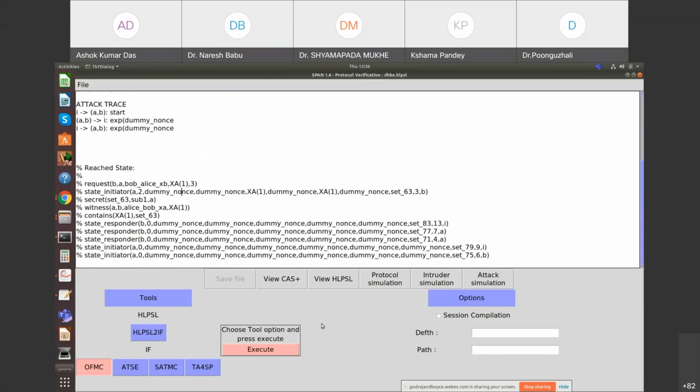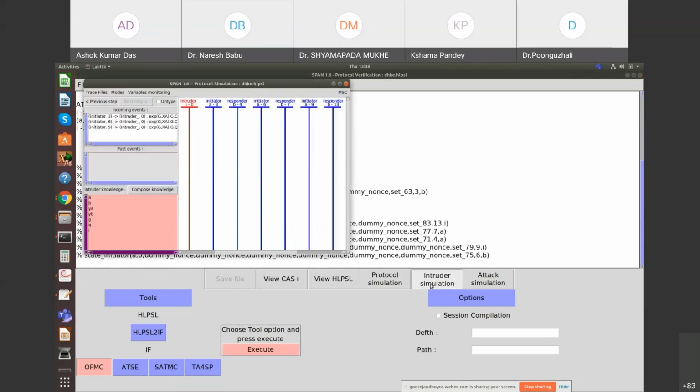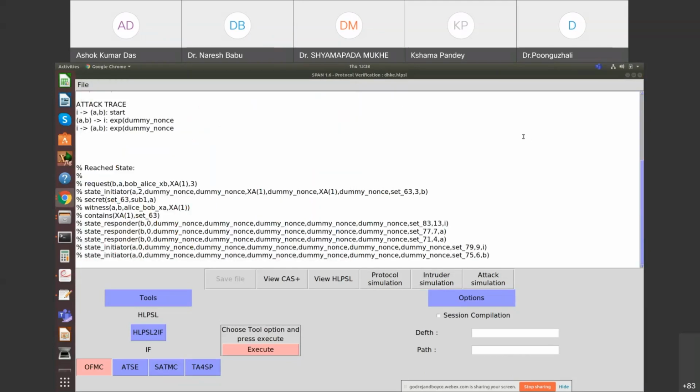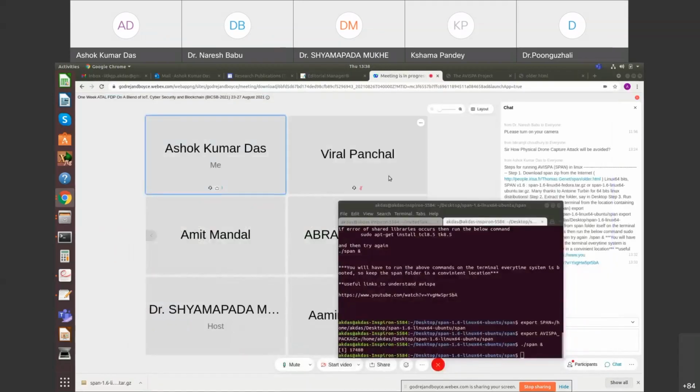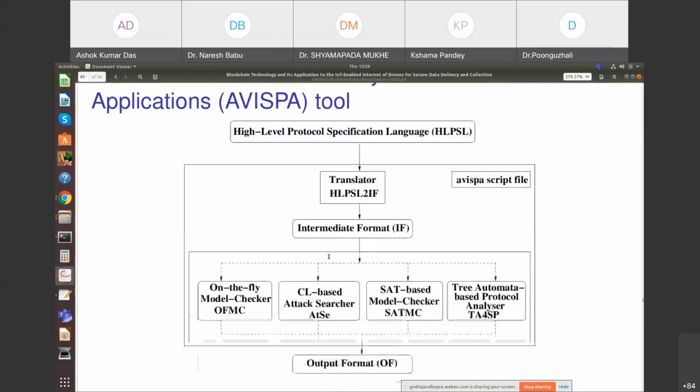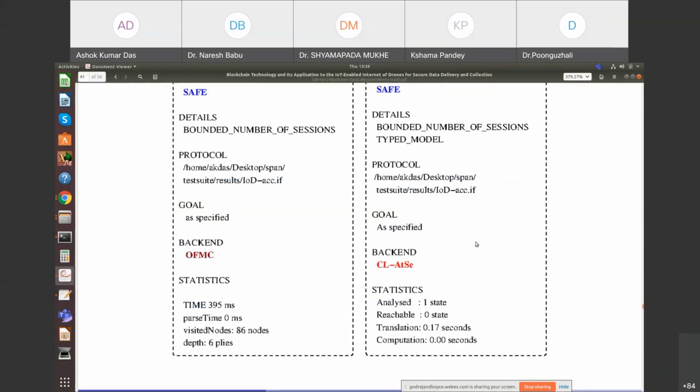Also there is an animator tool, the intruder simulation, that will show how the intruder is modifying the message content and how it works, everything. So this gives you a practical test bed where you can test whether a designed security protocol is secure or insecure. That result has been displayed here.